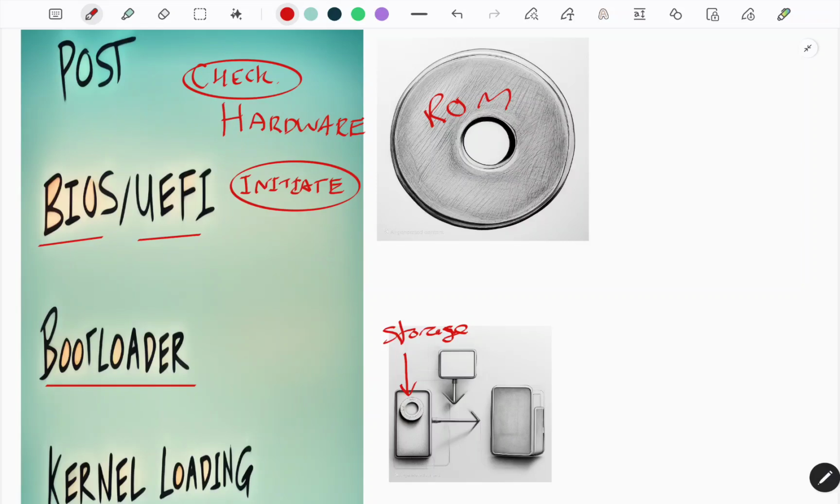That's your storage. So it will first initiate the bootloader. When it comes to this stage, it will take the kernel from the OS and load it into the RAM so that it will start up the operating system.